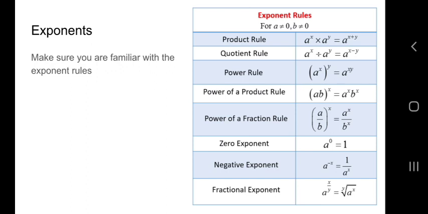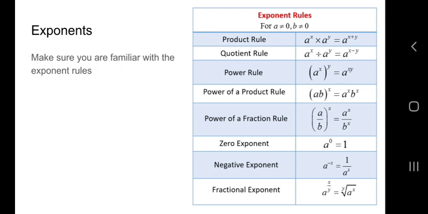So if you have like 3 to the negative fifth power in the top, since it's negative 5, you're going to send it to the bottom, and then it becomes 3 to the fifth power when it's in the bottom. And then likewise, if you have like 2 to the negative 10th power in the bottom, then that becomes 2 to the 10th power in the top. So if you don't like negative exponents, you can always just send them to the opposite side of the fraction bar, the vinculum, I think it's called.